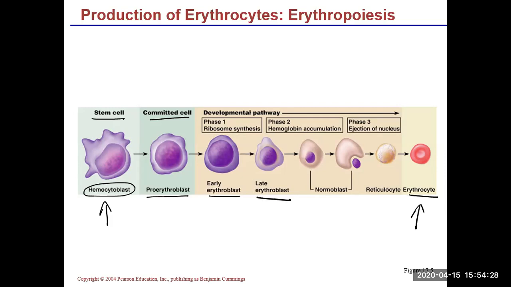At the later instance, you're utilizing the ribosomes and you're making a lot of protein. In this case, hemoglobin. And this continues. This is the later stage, and then phase three is ejection of the nucleus.